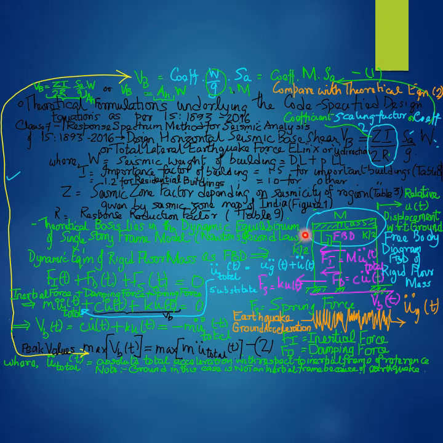To summarize, therefore, the theoretical formulation based on considerations of dynamic equilibrium, the design or the peak or the maximum values of the theoretical dynamic base shear V subscript small b can be derived mathematically as equal to the maximum or the peak value of the mass m times the total acceleration of the floor mass.